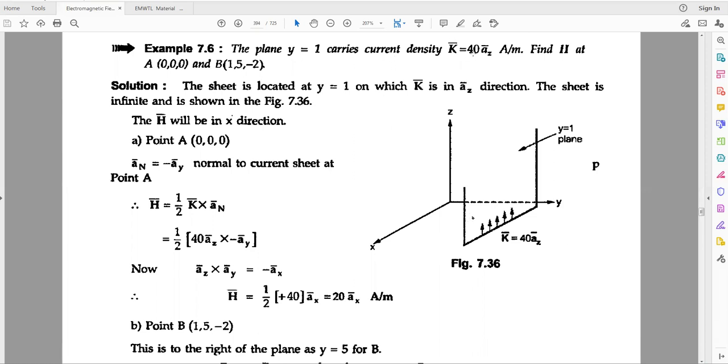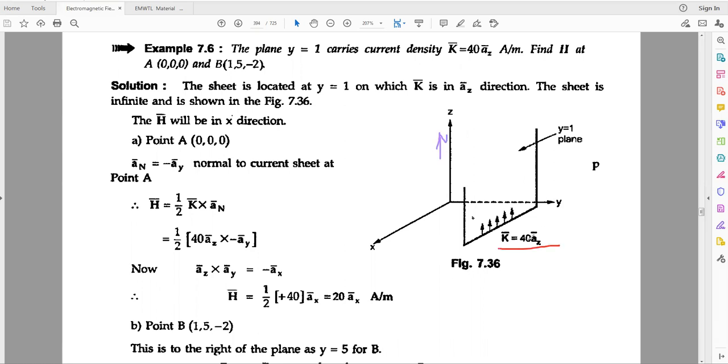Current density K bar is equal to 40 AZ bar ampere per meter. Find H bar at the point A, 0, 0, 0, and point B, 1, 5, minus 2. The sheet is located at y is equal to 1, on which K bar is in the AZ bar direction. AZ bar means the upward direction. You see here, this upward direction.